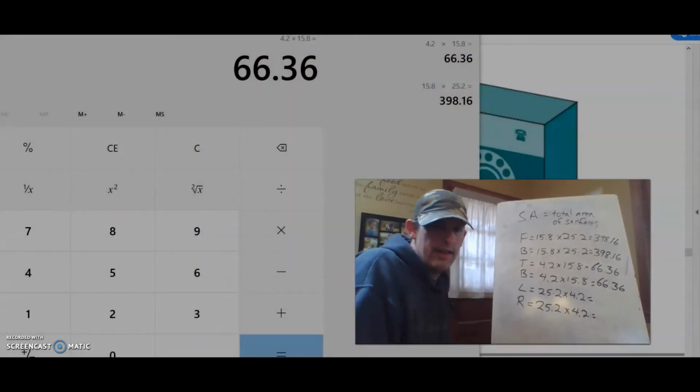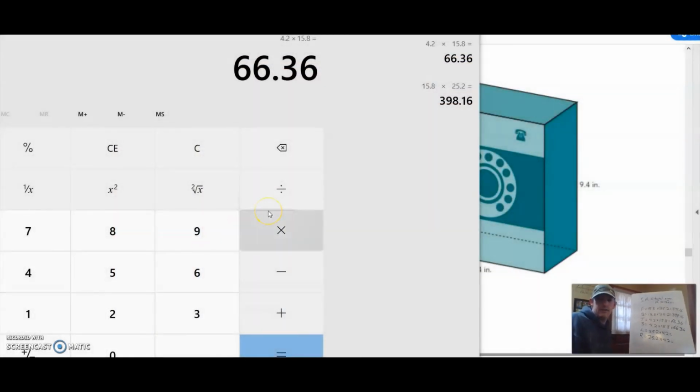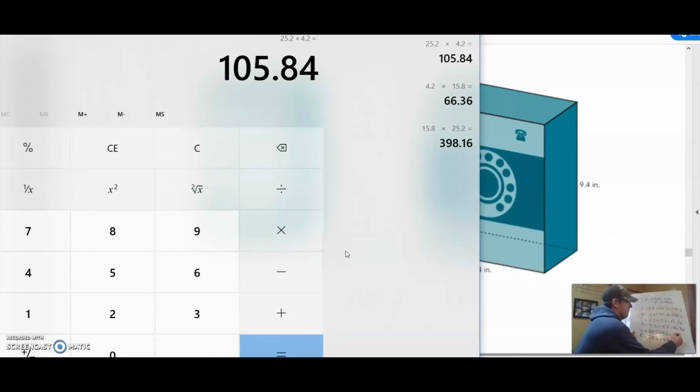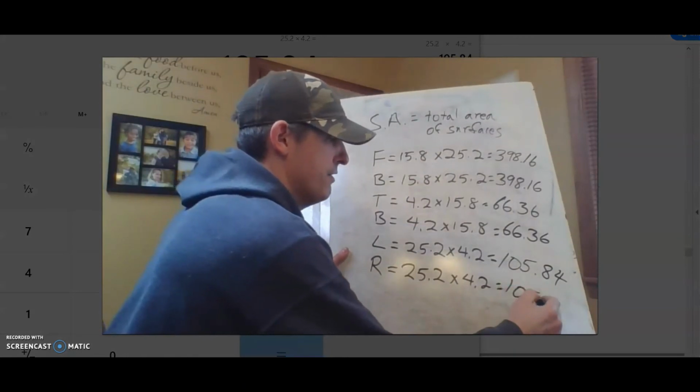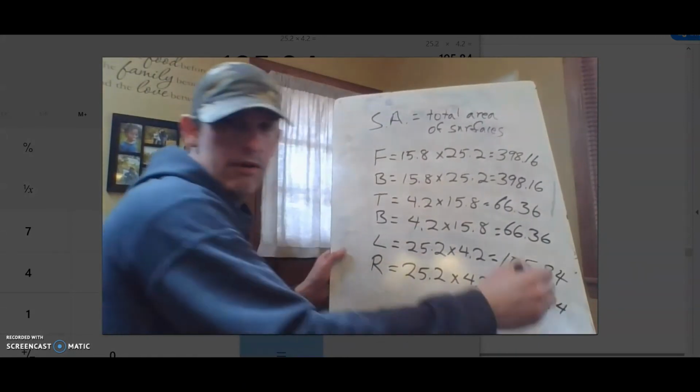And again, cut and paste. Bottom's going to be the same. Finally, 25.2 times 4.2 is 105.84. So I write that down and cut and paste because the left and the right had the same area.